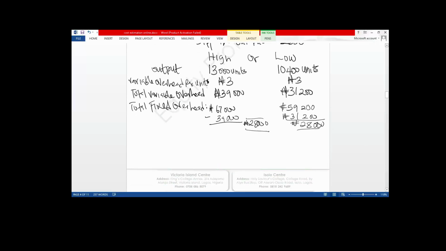All right, we have separated all the costs now. Direct material cost is a variable cost. Direct labor cost is a variable cost. Our production overhead, we have separated into variable and fixed. You can now prepare the statements.